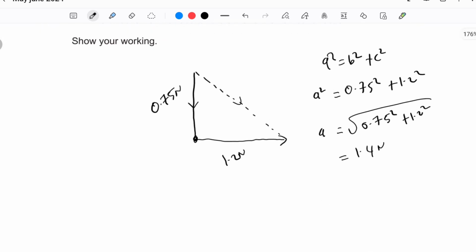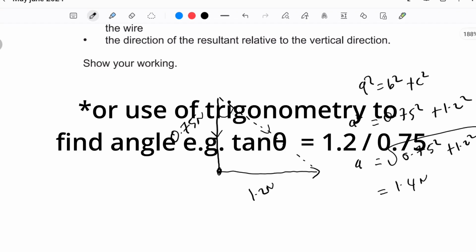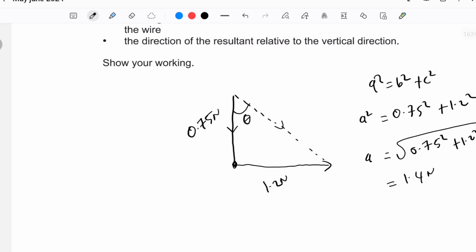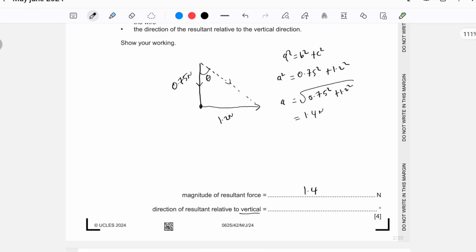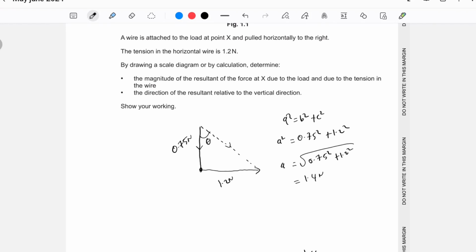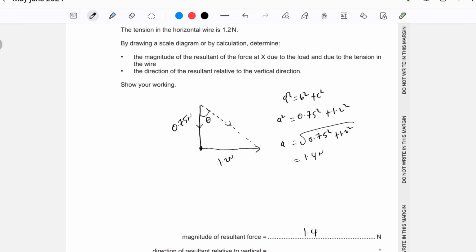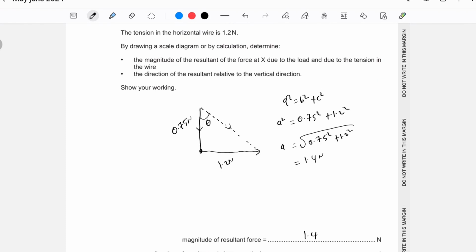So we are supposed to measure this angle, and you will have to write that angle here. For this question you have to draw a scale diagram, so you'll be able to measure this angle.